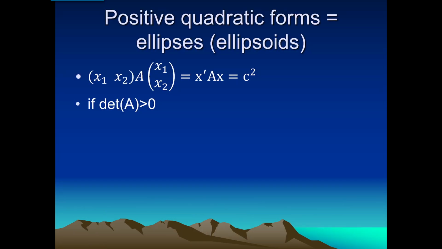And then the summary is that all these things are quadratic forms. Then if the determinant is greater than 0, and the determinant is what? The determinant is a function of the volume of the ellipse. Incredible, eh? Or the determinant is a function of the volume of the ellipsoid.